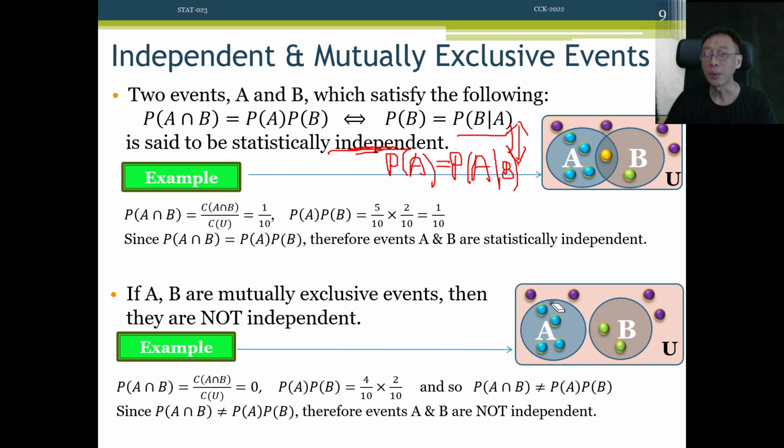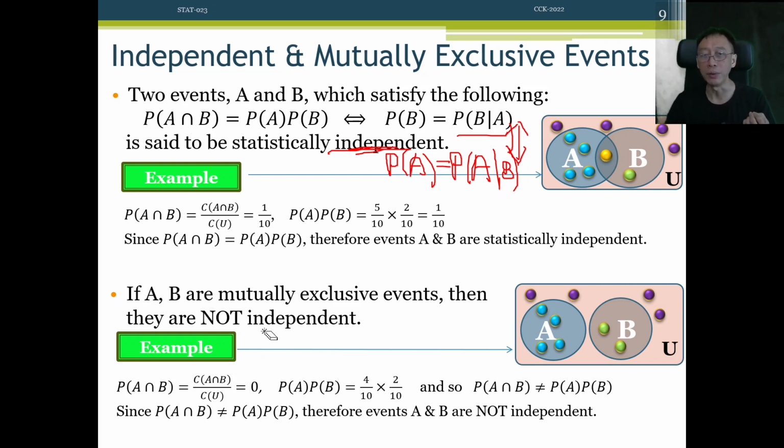Yeah. So given that, this is the condition that is given to us. This is a fact that is known to us. What can we say about their independence? Then we can clearly say that A and B are not independent.